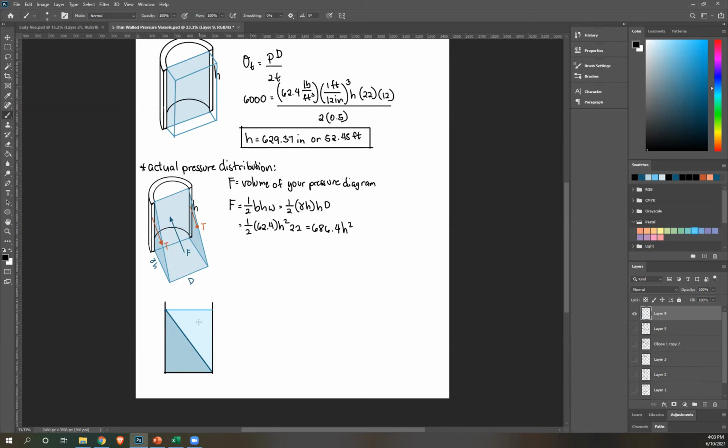And we know the centroid of a triangle is 1/3 of the base from the higher end. This is the higher end. So this is where your force F will be. Okay, force F. And then this is 1/3 base. This is your base, which is actually equal to h. So 1/3 h instead. Okay. Now how about this T? Let's choose a different color.